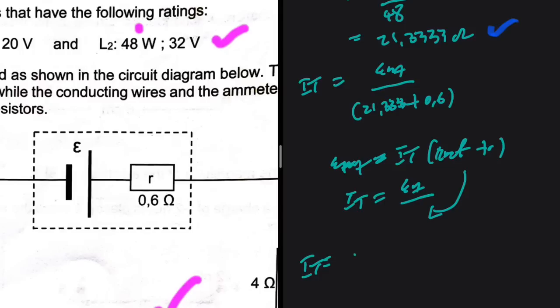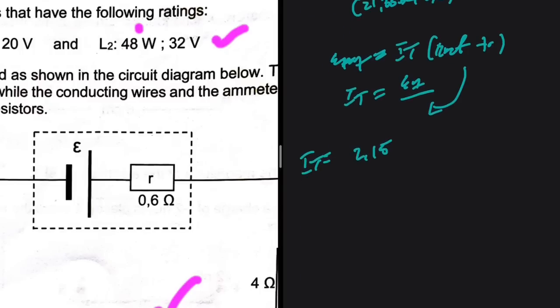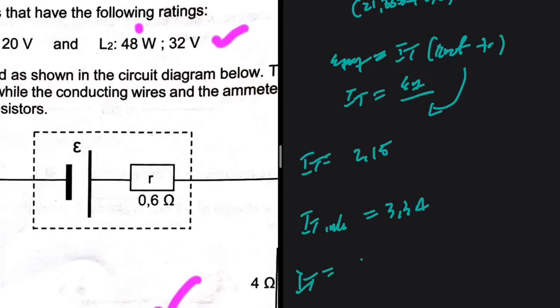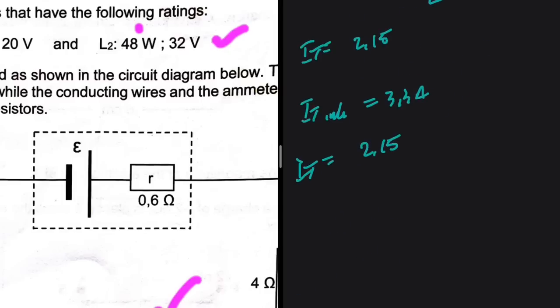This is equal to 2.15. So the current, initially it was 3.3 ampere. Now the current is equal to 2.15. So the current is decreased. So even though the bulb will still glow, it will glow dimmer. Right, there we go. Question 8.